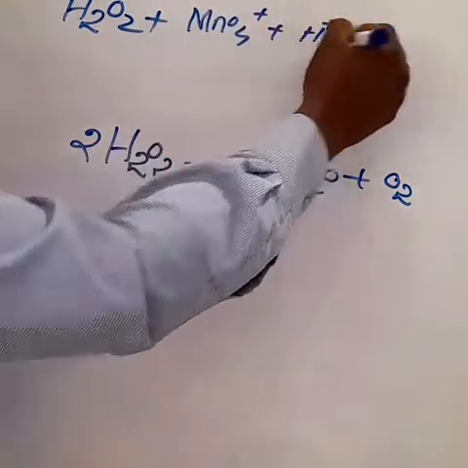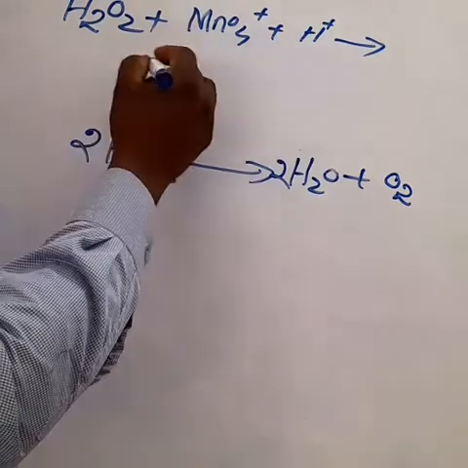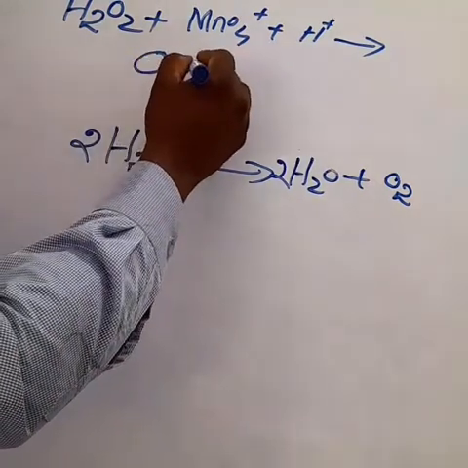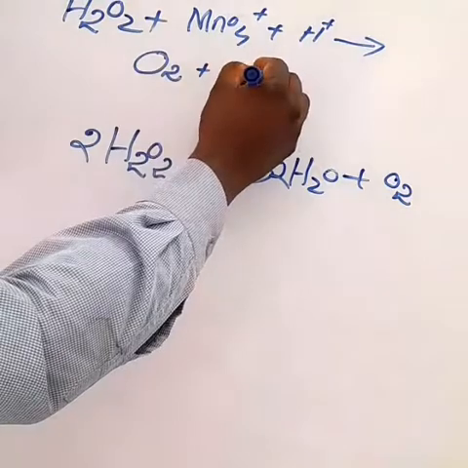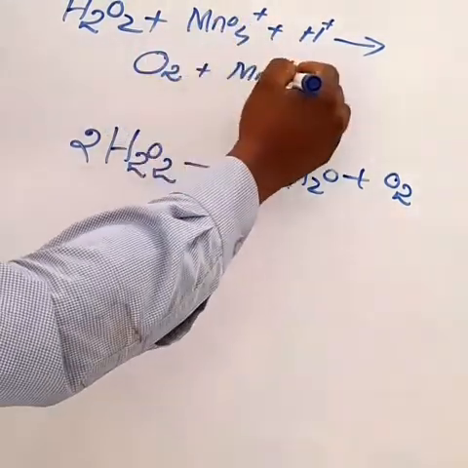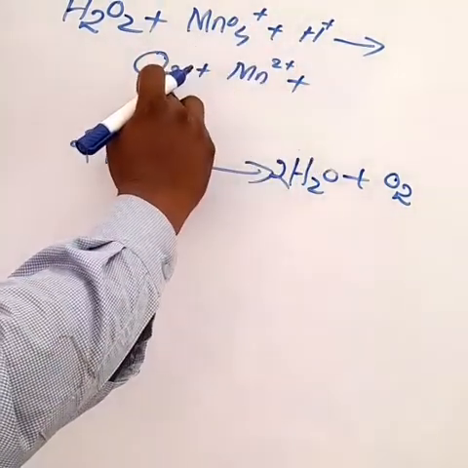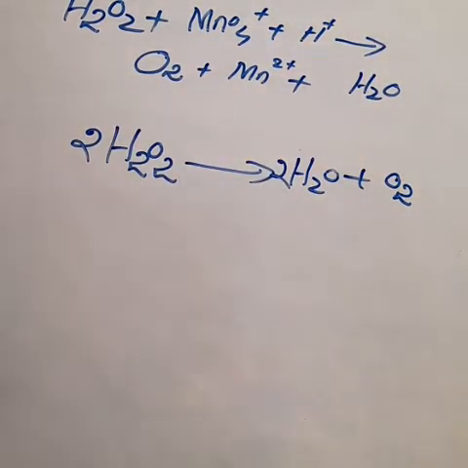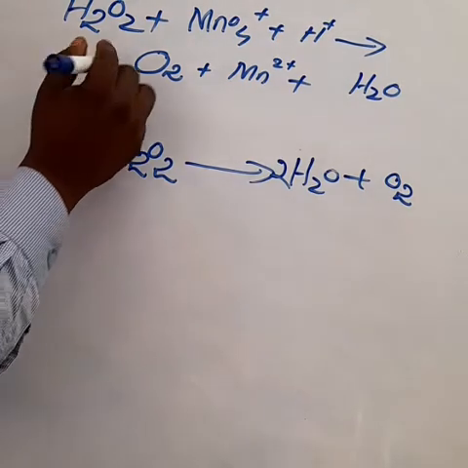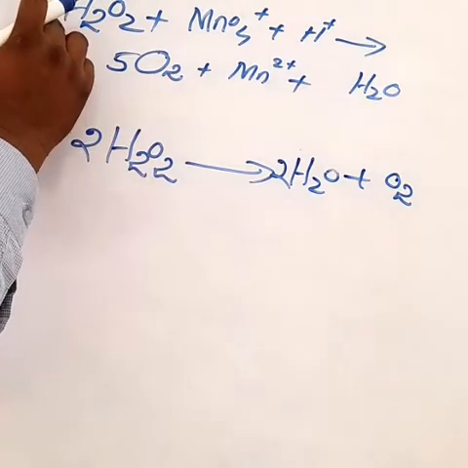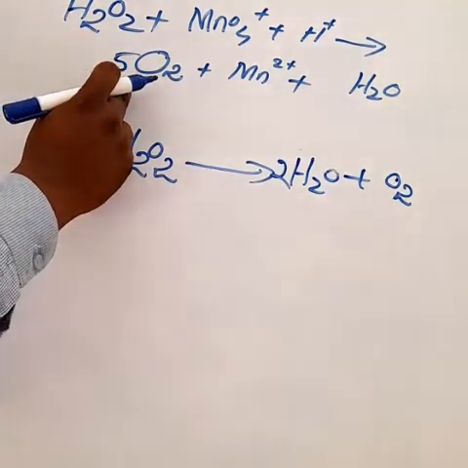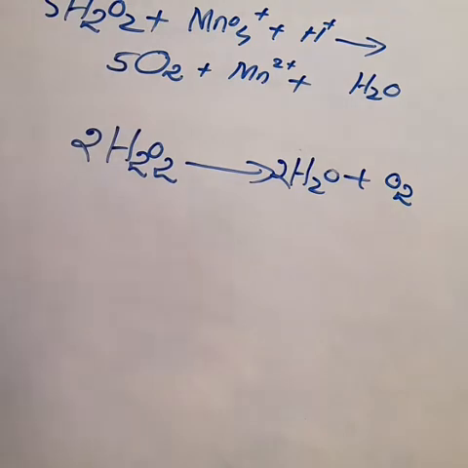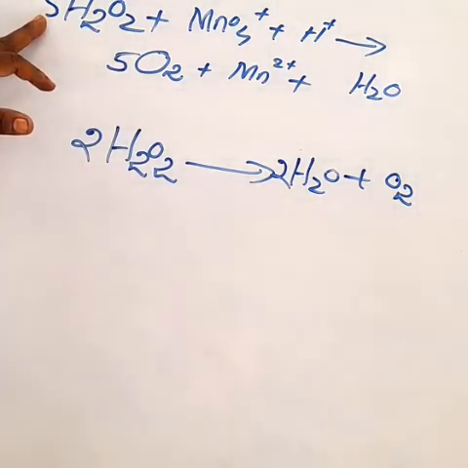We get Mn2+ ion, O2 gas plus water molecules, H2O. How can you balance the equation? On the product side make it 5 oxygen. So on the reactant side, make hydrogen peroxide also 5H2O2.